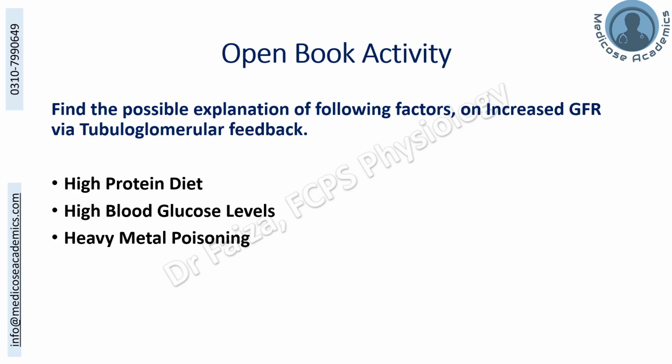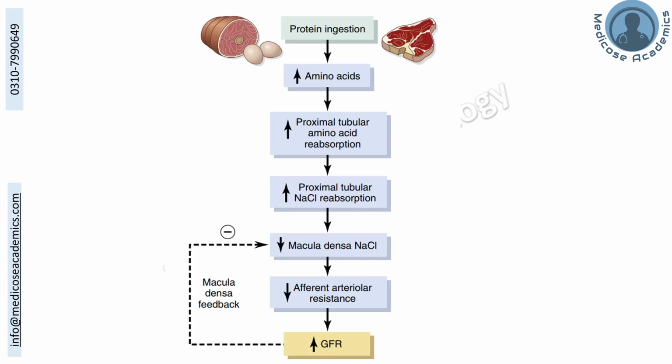In addition to the sympathetic nervous system, autocoids, and intrinsic mechanism, there are other variable factors in the body which can impact the level of GFR and renal blood flow. For example, high protein diet, blood glucose level, certain metal poisoning. And I'm going to show you the summarized flow chart of one of them. For example, by high protein ingestion, what would happen? There would be increased level of amino acids being filtered into the proximal tubule, and when the amino acids are reabsorbed as co-transport with sodium, more amino acids being reabsorbed, more sodium will be reabsorbed.